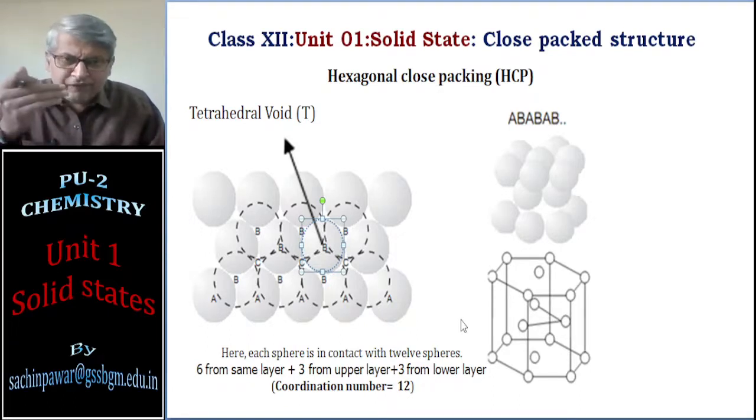So particles of first layer, if I label it as A, then the particles of third layer also need to be labeled as A. So the arrangement would be first layer A particles, second layer B particles, third layer again A particles, fourth layer again B particles, and the arrangement will be A, B, A, B, A, B type, and therefore hexagonal close packing, that is HCP in 3 dimension, is referred to as AB, AB, AB type arrangement.